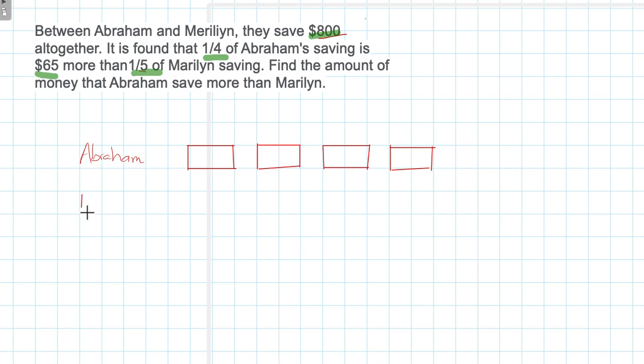And then this lady, she will have 1/5, that means she will have 5 boxes, but then it's smaller than Abraham. Smaller than Abraham, because it says Abraham has more, right? So I put here smaller.